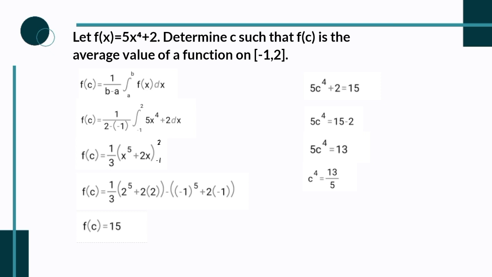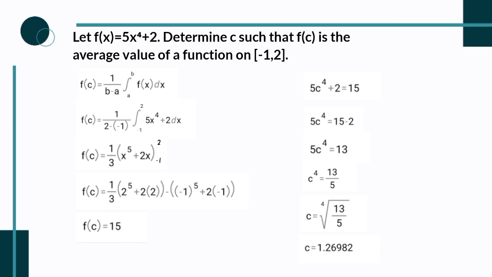Taking the fourth root of both sides, the exponent 4 on our variable c is cancelled. Then the answer becomes c equals the fourth root of 13 over 5. Putting it in the calculator, c equals 1.26982.